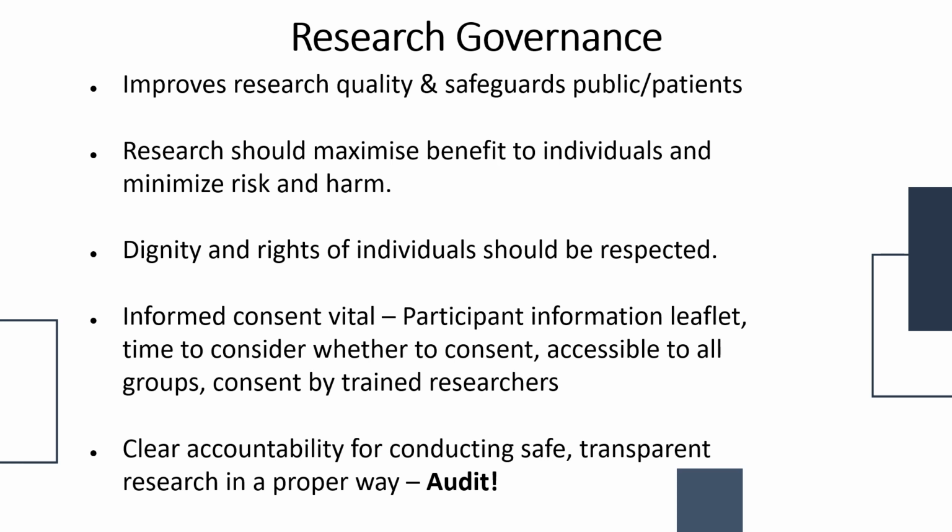And there are both internal and external audits of research documents. So things like your consent forms will be checked, your site file, which should contain all of the information pertaining to a research study, should be well put together, thorough, and should have all the relevant information. And this will be audited during the course of your research to make sure your research is being done correctly.